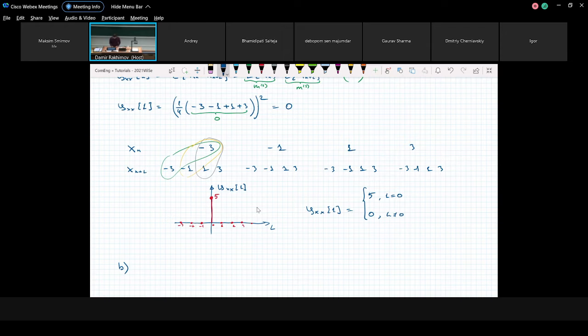I write how it looks: the power spectral density, continuous in frequency, we can find as a sum over L of phi xx of L times the exponential term e to the minus j 2 pi f L T0.